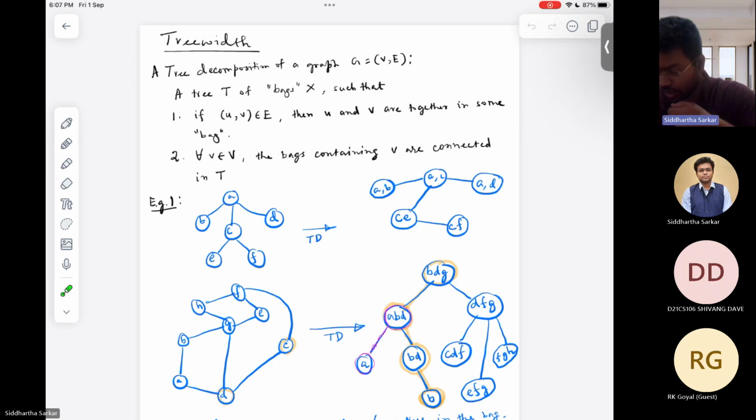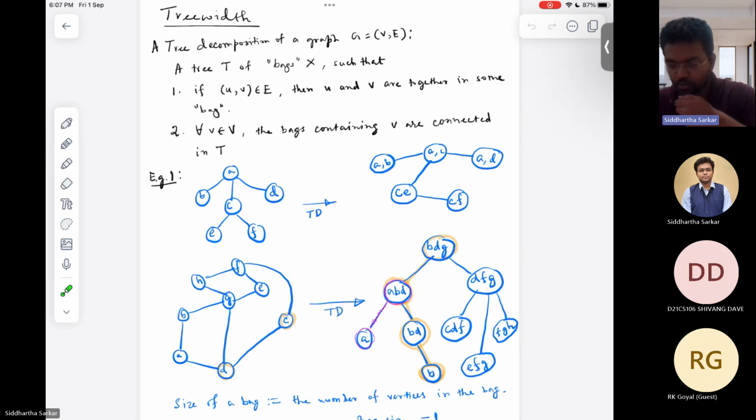Then we asked how do you decide which decomposition is good and which is not so good. If there is only one bag that contains all the vertices, that is also a valid tree decomposition. But what we desired was a tree decomposition where the bag sizes were comparatively small.